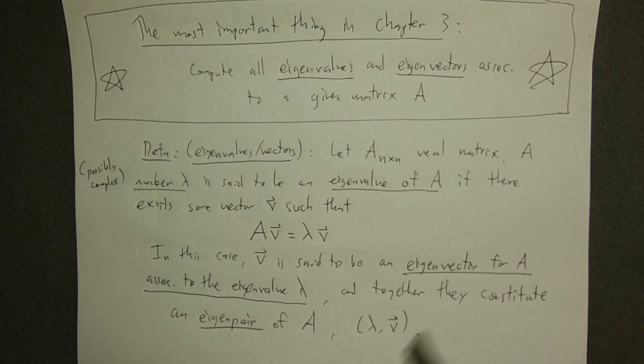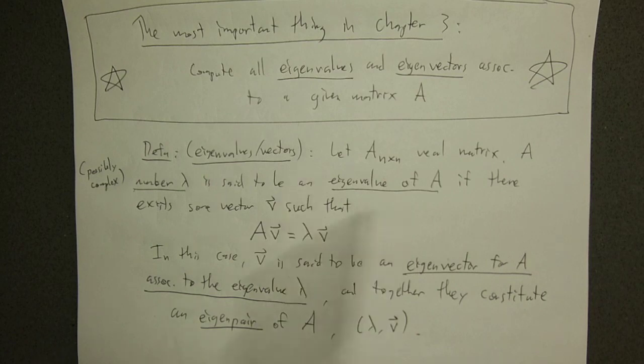Okay, so the idea is that I'm looking at when multiplying by the matrix A is the same as multiplying by a real or complex number, lambda. And the answer to that question is, it is exactly the same on these eigenvectors, where the lambda in question is the eigenvalue, and the vector such that multiplication of A with that vector yields this multiplication by lambda, that number, is the eigenvector.